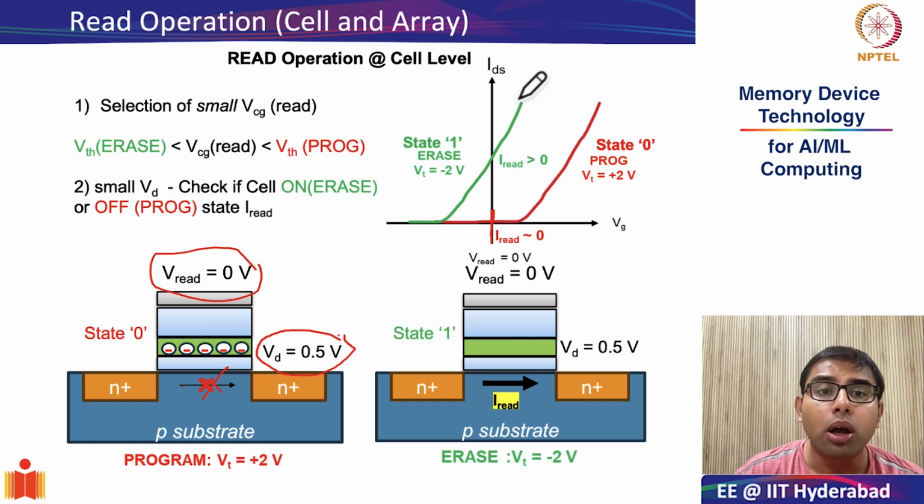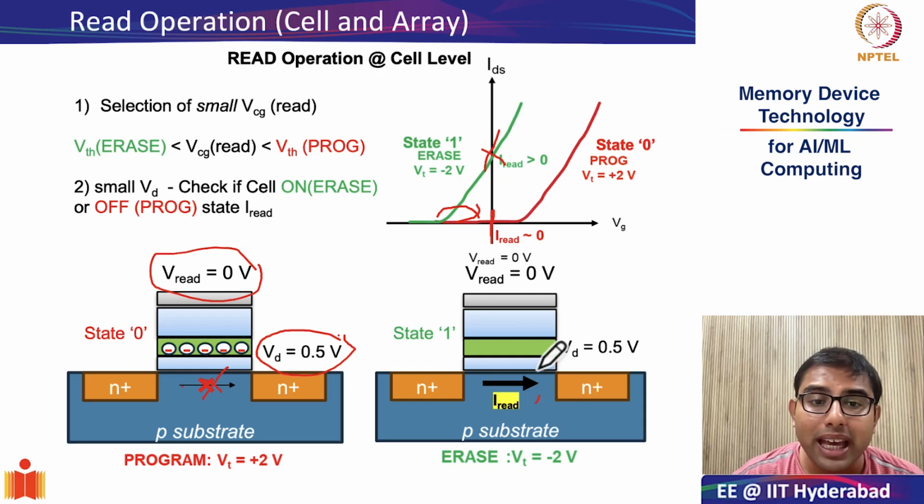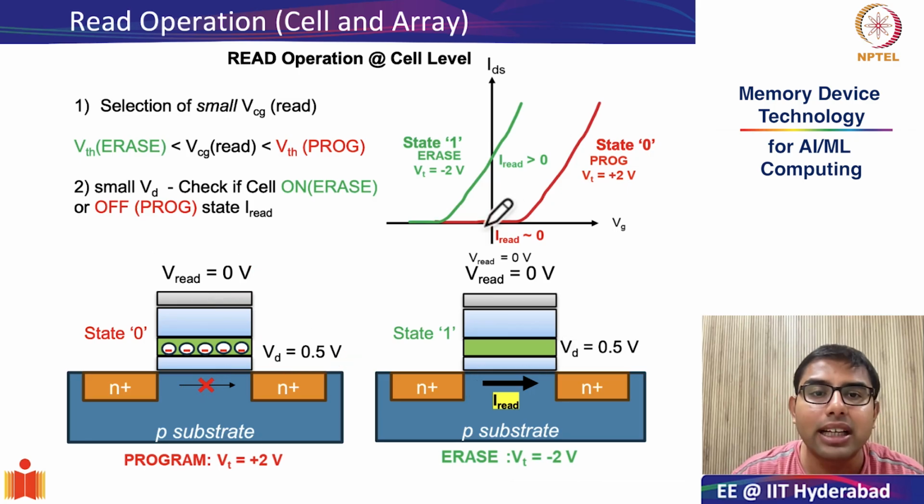However, in the erase state, because the read voltage was selected such that it is higher than the threshold voltage of the transistor, this flash cell in the erase state will be in on state. So you will be able to measure a significant amount of read current because the cell is in on state.